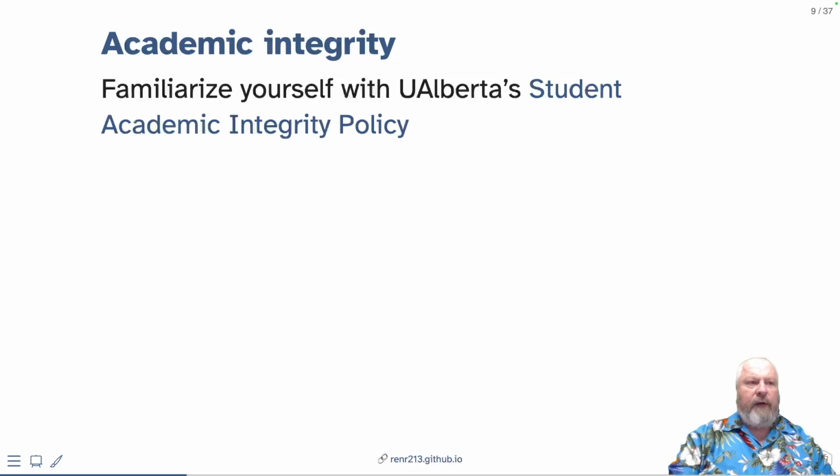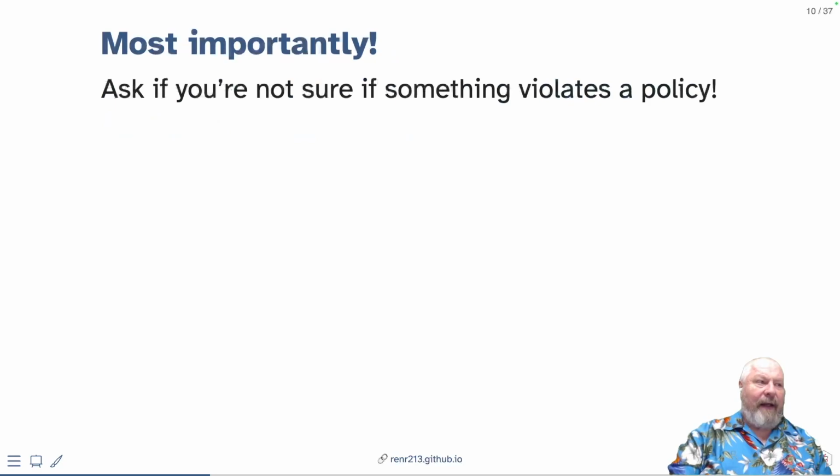And if I do find you cheating, which is plagiarism, working together on exams, using somebody else's code without attribution, sharing code among your colleagues, I'll consider that a violation of the academic integrity policy, and I'll be required to report that to the dean of my faculty, which is agricultural, life and environmental sciences. And if you're not sure, make sure you ask me.